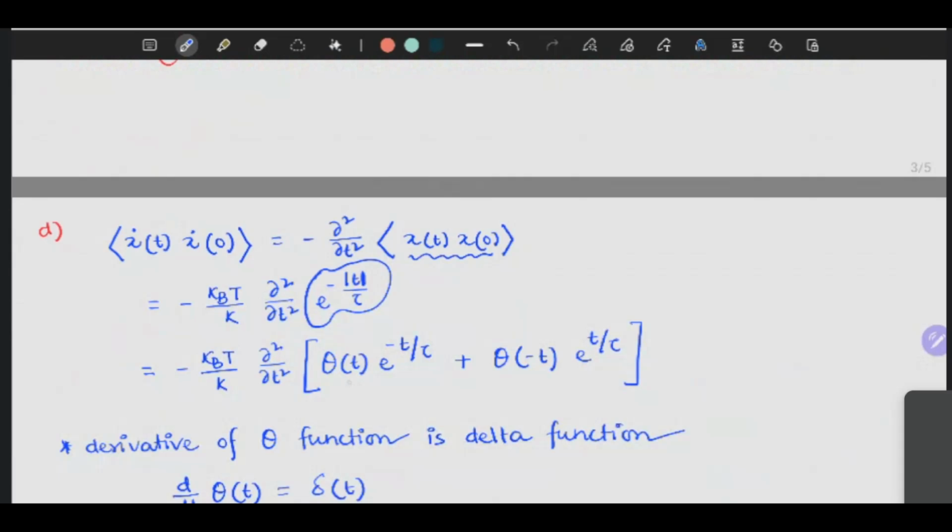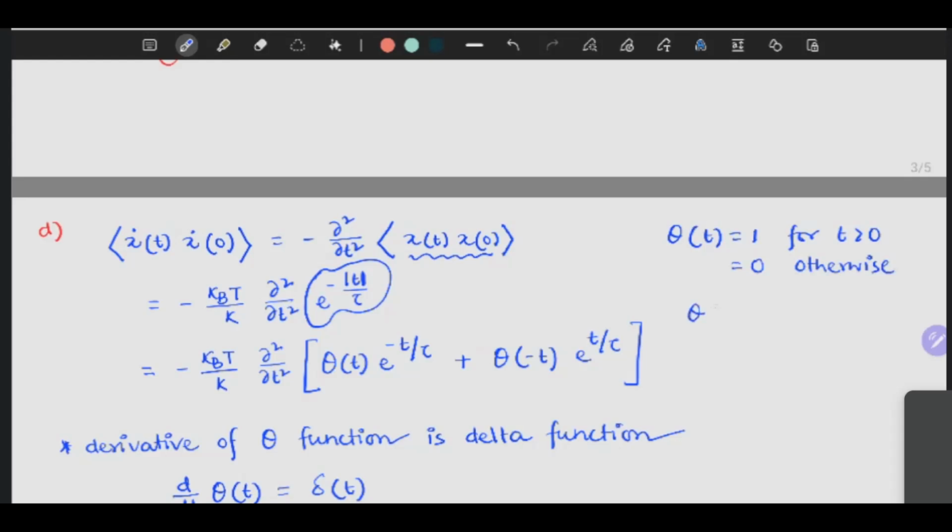When t is greater than 0, it can be written as theta t e to the power minus t by tau, because it is an absolute function. And when t is less than 0, it can be written as theta of minus t. Let me write it here: theta of t is equal to 1 for t greater than 0 and 0 otherwise.